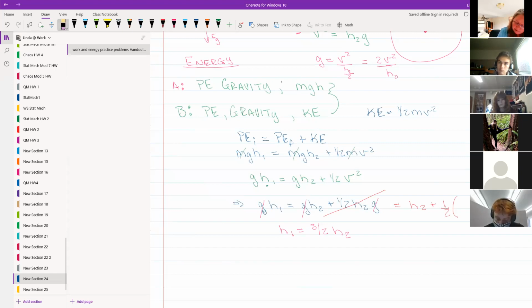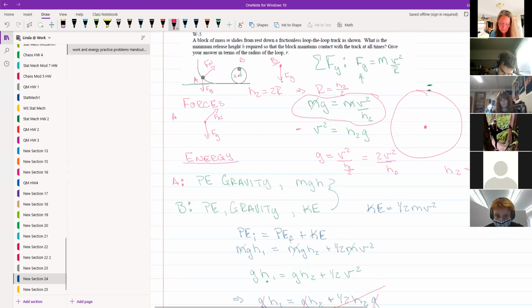I'm sorry. Let me back up. I want to define this in terms of the H2. So H2 equals 2... Why did I do this to myself? Should equal 2v squared over g, yeah? Yeah, that's what H is.